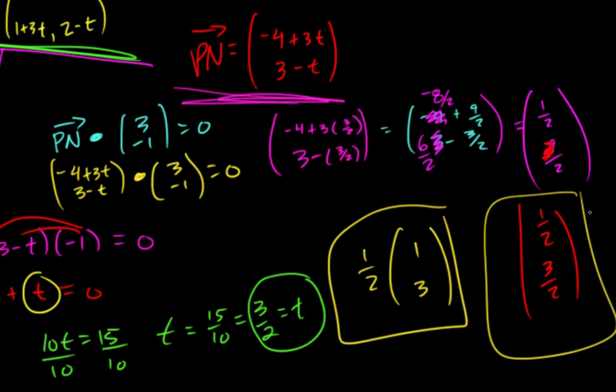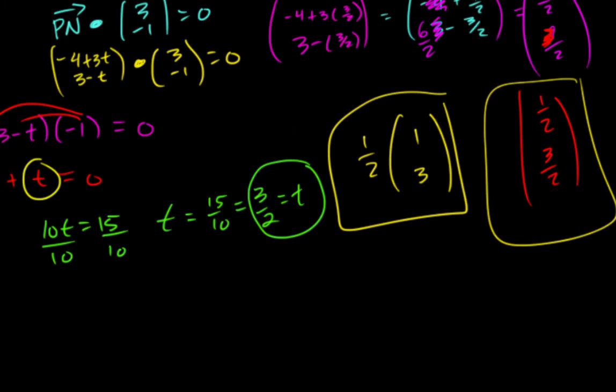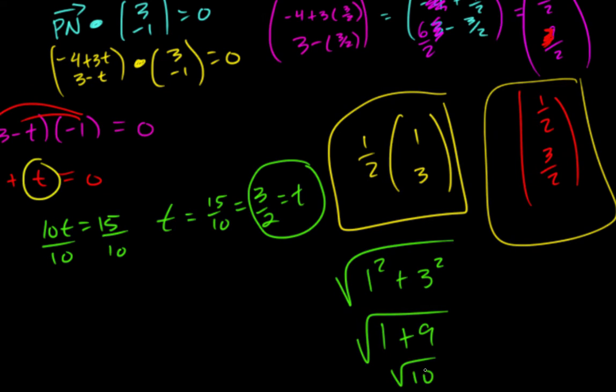So we can take it from either of these yellow boxes. It doesn't matter. This one we would do 1 squared plus 3 squared, square root. We get 1 plus 9 square rooted. So it's the square root of 10. And then we have this 1 half out in front.